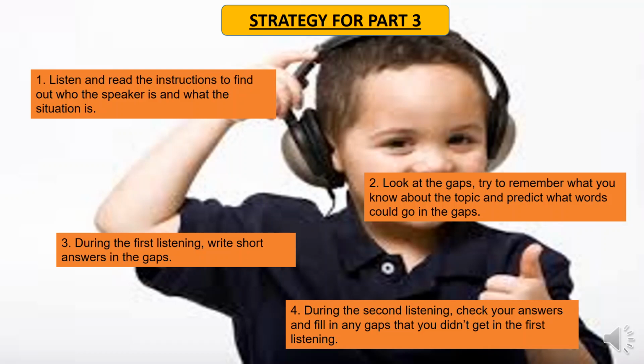When you have filled in a gap quickly, go to the next gap to remind yourself of what you expect to hear next. During the second listening, check your answers and fill in any gaps that you did not get in the first listening. Check your spelling. You will have to transfer these answers to the answer sheet at the end of the test after you hear part 4.